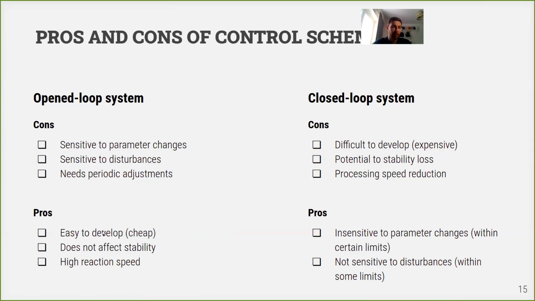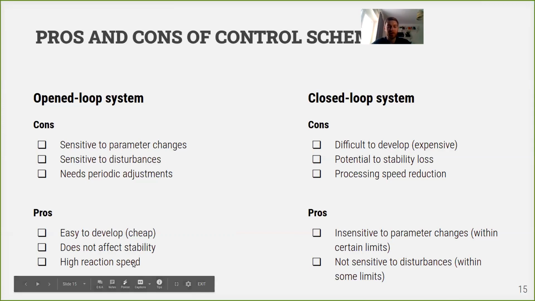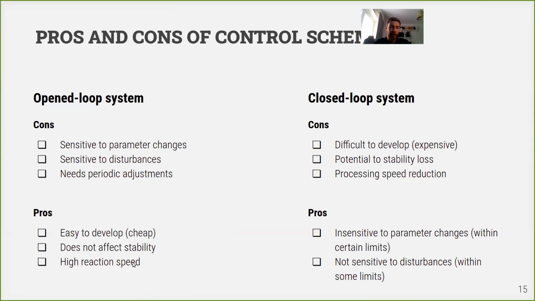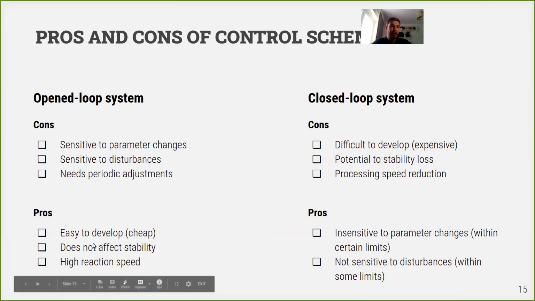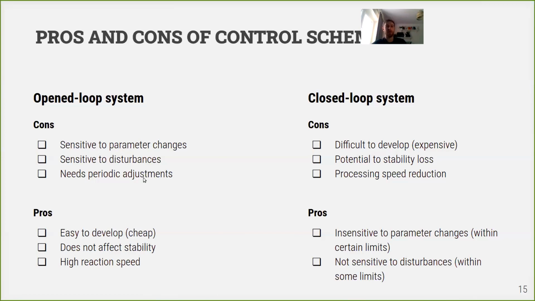So the open loop system doesn't have this problem. And it has a high reaction speed because we don't have to measure anything and run through a feedback loop. Here we can react really quickly. And if you need a really fast reacting system, usually an open loop system is a better choice.